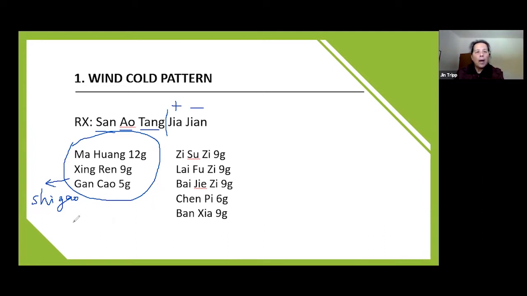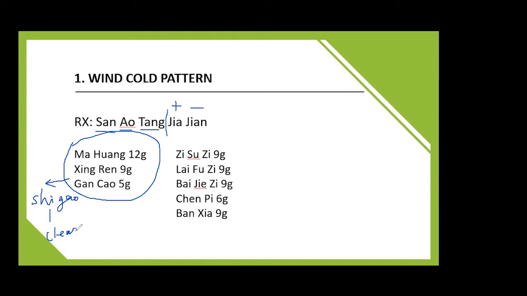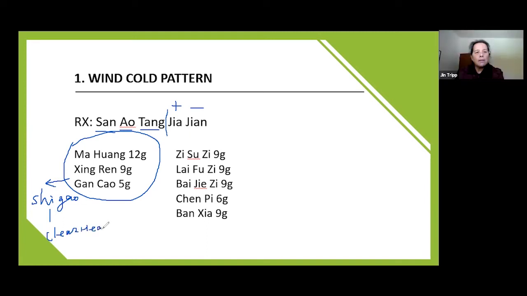Because this is a cold pattern, and the main action of 石膏 is to clear heat, and these patients have no heat, we remove it. The other herbs are still in there. And then we add more herbs.